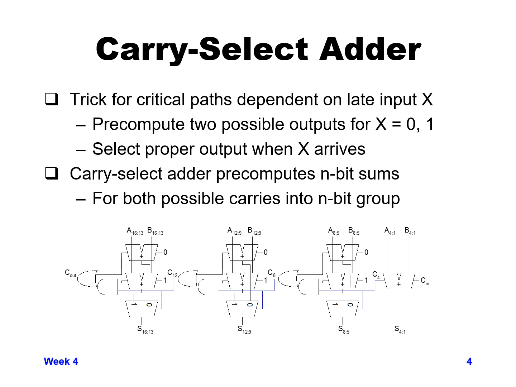And then we have those going to a mux at the end, so that when the carry finally does arrive, we just select the sum based on that carry at the very end.